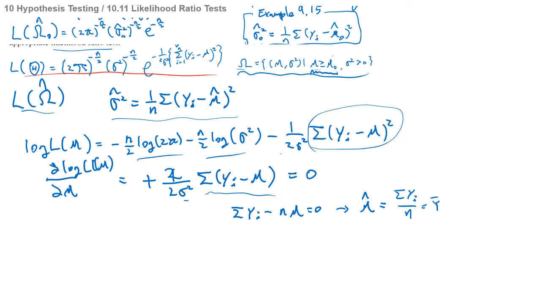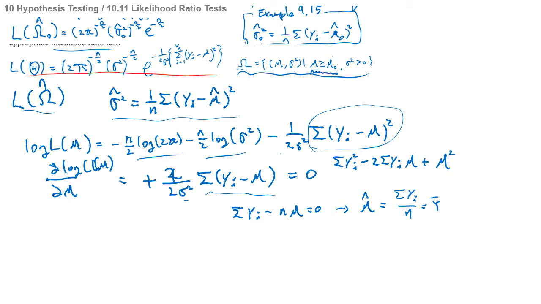This part is the sum of yi square minus 2 sum of yi mu plus mu square.